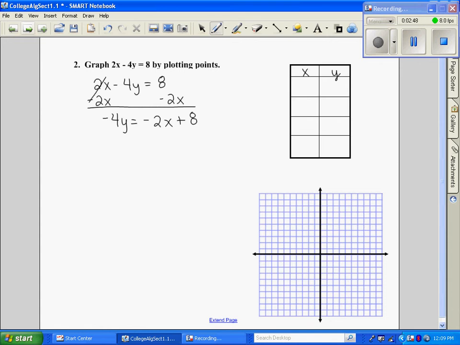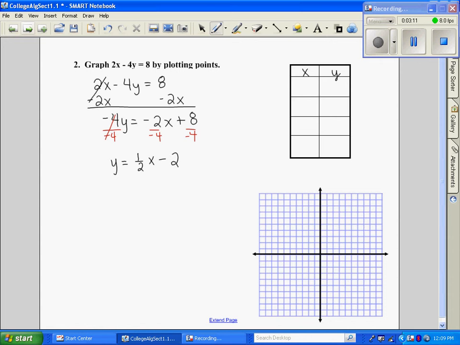Now, to solve for y, we're going to have to divide everything in the equation by negative 4 and simplify. So we get y equals negative 2 over negative 4 simplifies to 1/2 x minus 2.